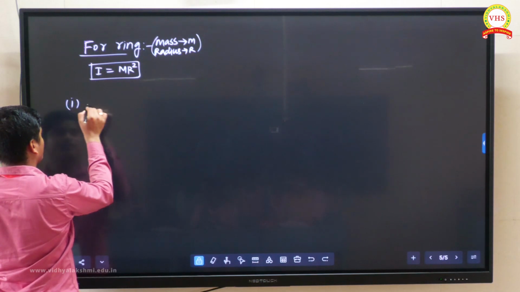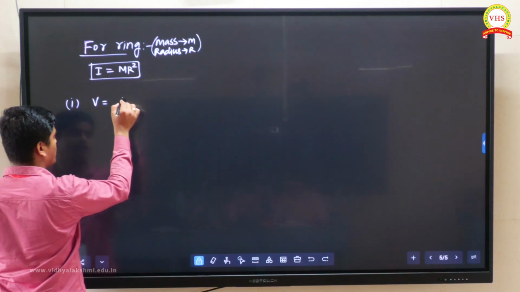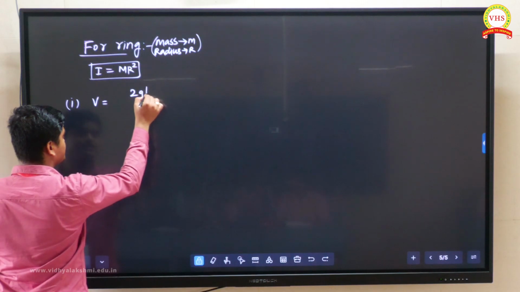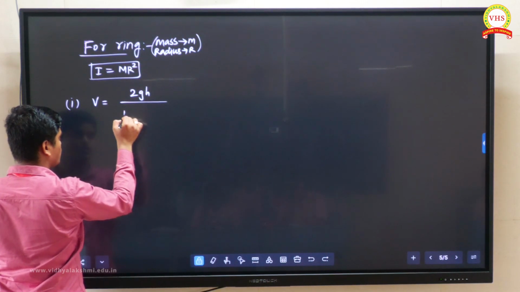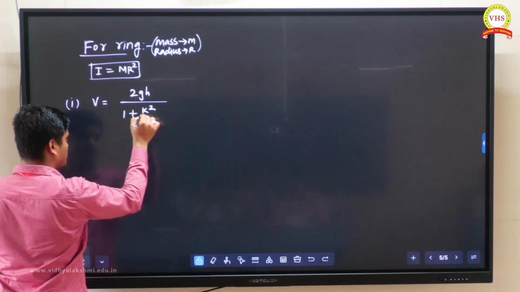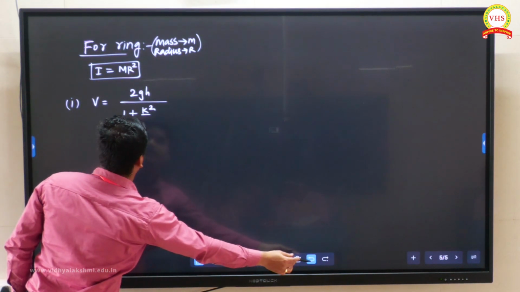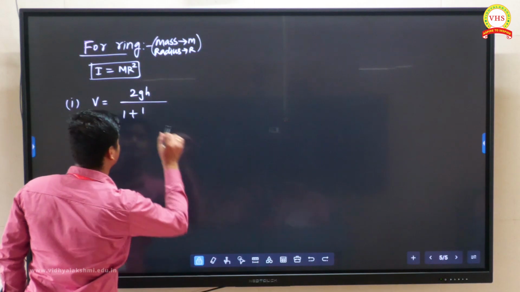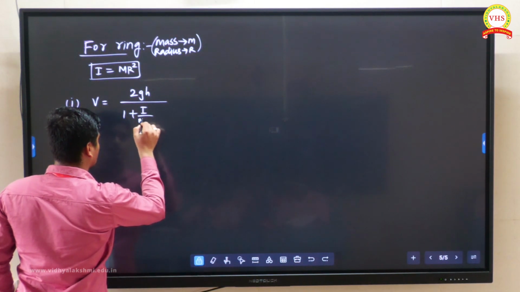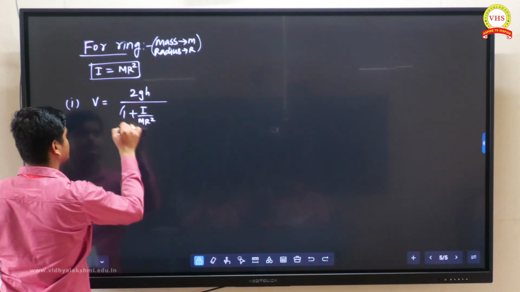Now first I am writing what is its velocity. What is the velocity formula? Root of 2gh divided by 1 plus k square by r square, and I told this k square by r square can also be written as I by mr square. So easily you can get.